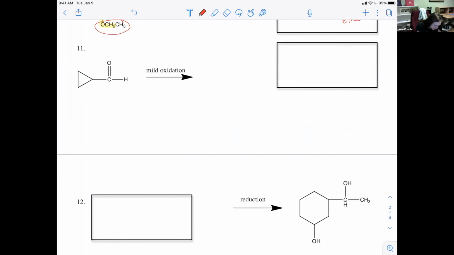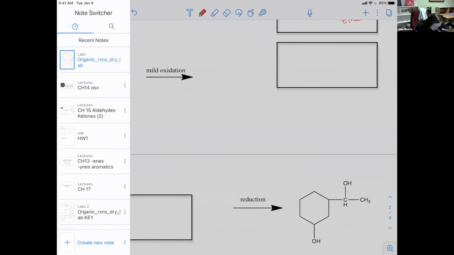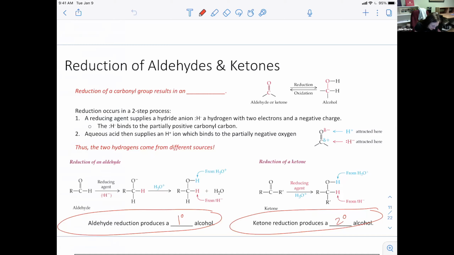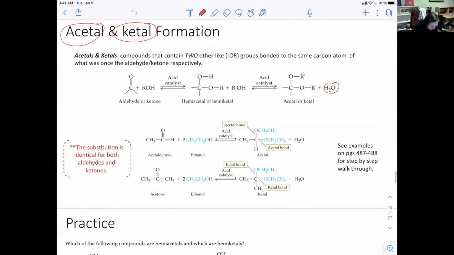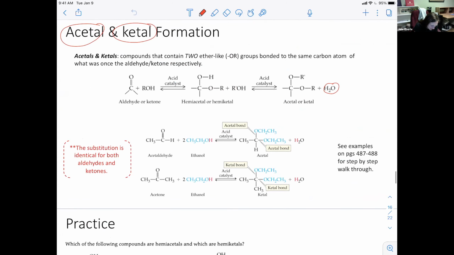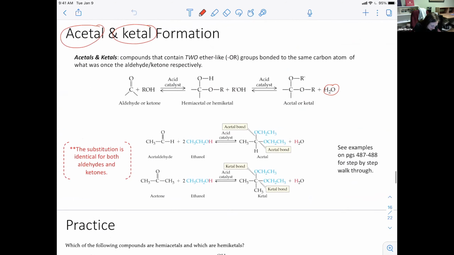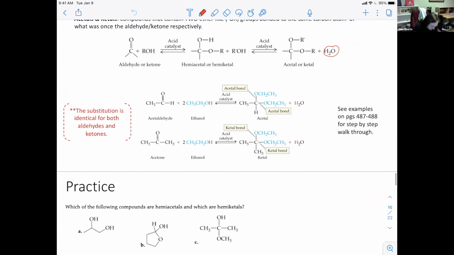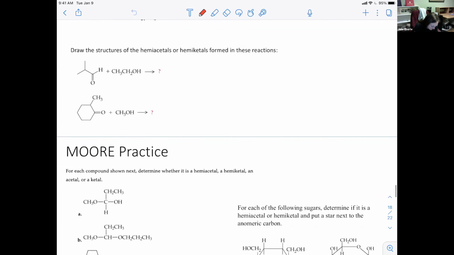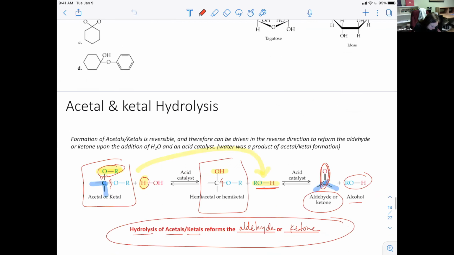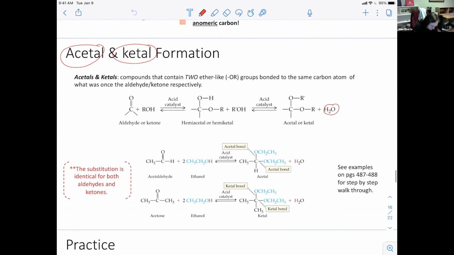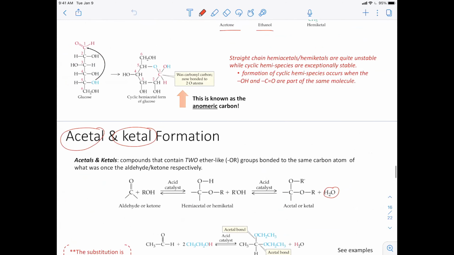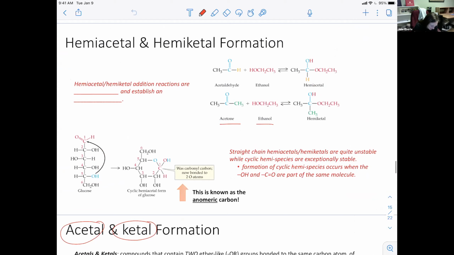I'm going to share screen with a different lecture. We're going to go to ketones and aldehydes, Claire. And I want to see if I can find anything where a ketone and an alcohol.